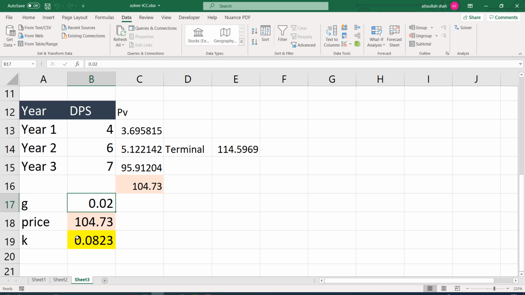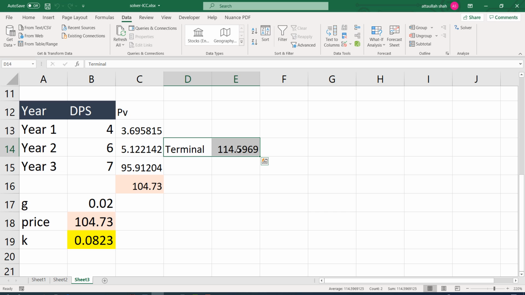The question is, what is the cost of capital? What is the discount rate? That was our question. And to answer that question, we assume that the growth rate is 2%, so we were to apply the constant growth model to the terminal value.